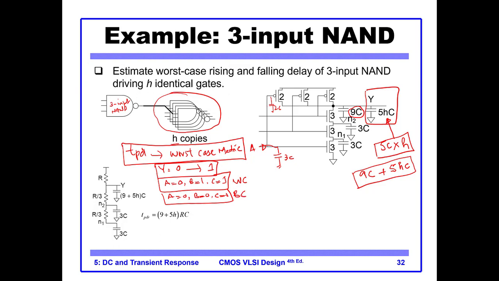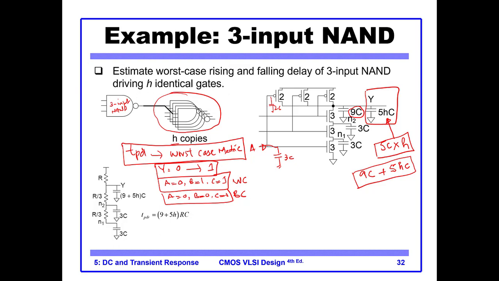Why is this the best case? Because all the PMOS are turned on. So imagine if all the PMOS are turned on, the VCC is very strongly driving the output. But if you have only one PMOS turned on, then the VCC is not very strongly driving the output.